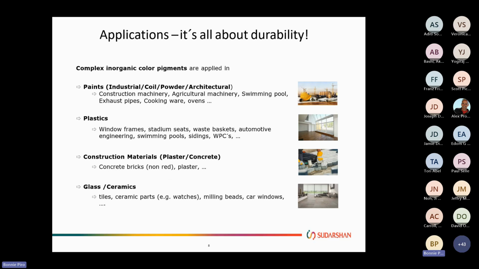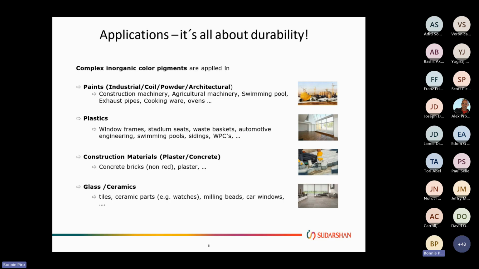So applications, it's really all about the durability that they offer to your formulation and application. They're used in all types of application areas in the liquid coatings area, especially for exterior and very rugged environments.